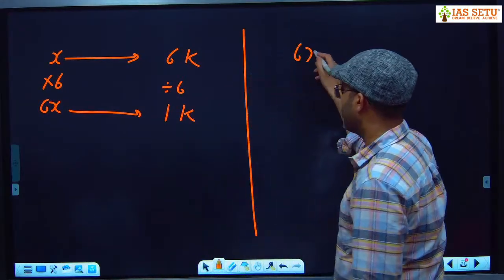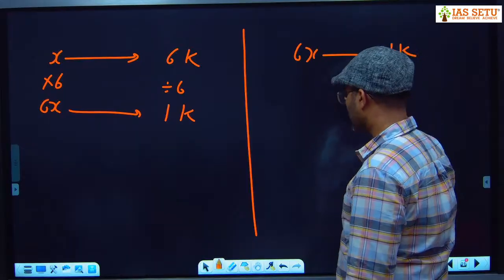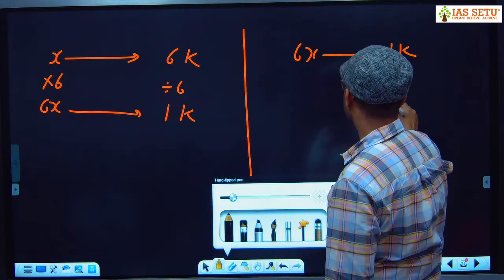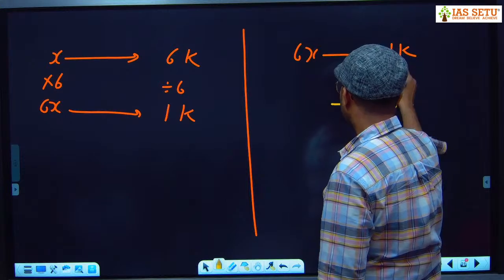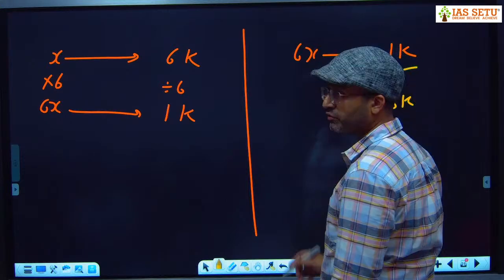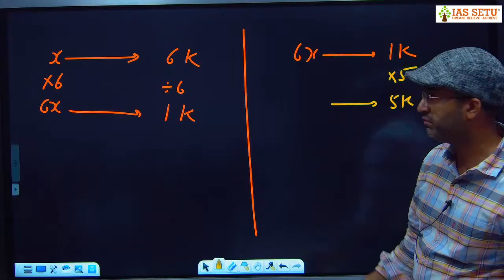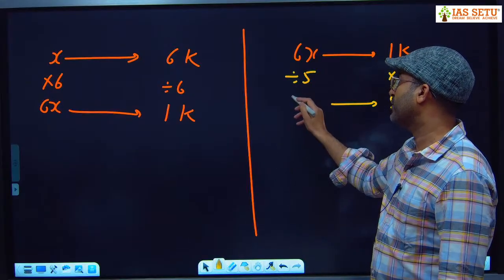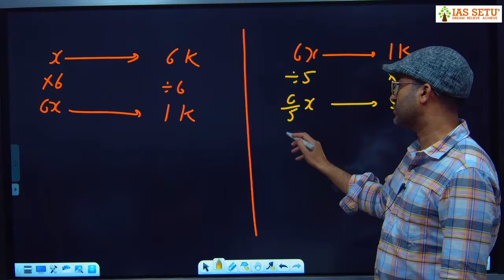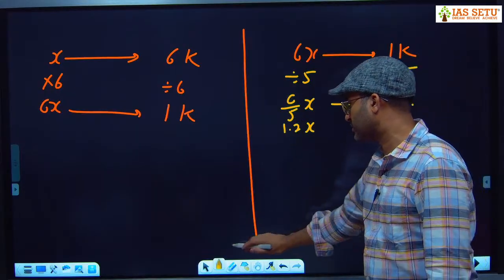If 6x can do one work in 1k, but I want this work should be done in 5k. If number of days are multiply with 5, tell me man will be multiply with 5 or divide with 5? Divide. So we divided by 5, 6 by 5x. What is that? 1.2x.